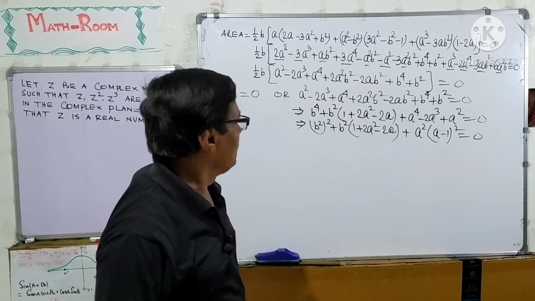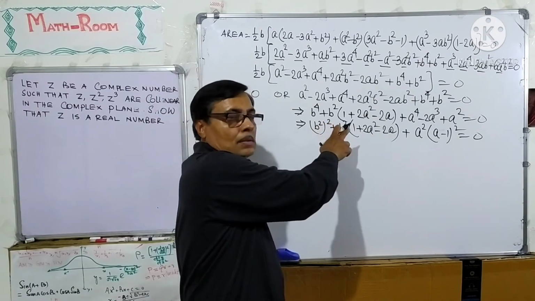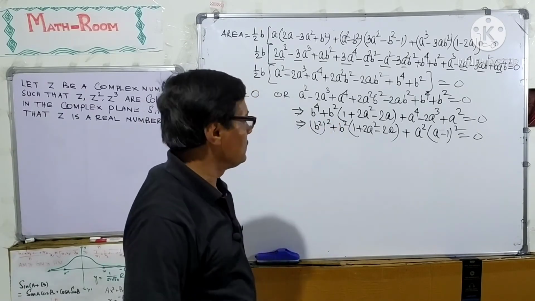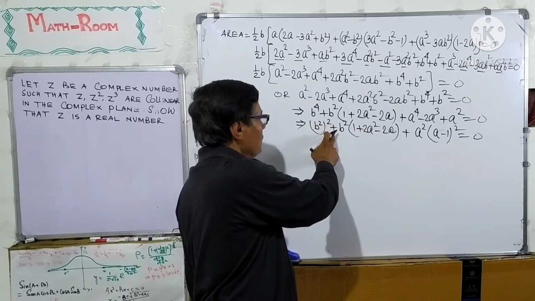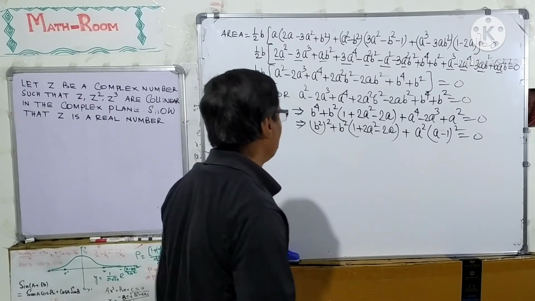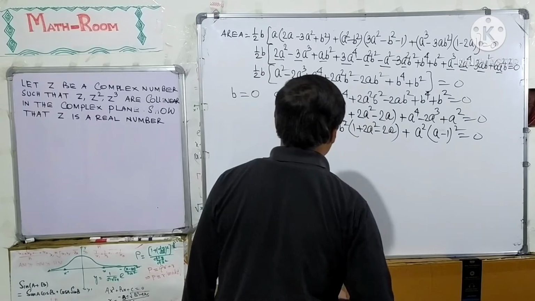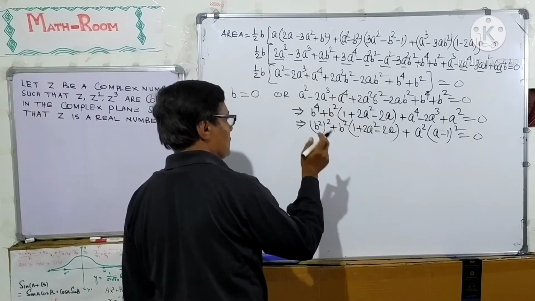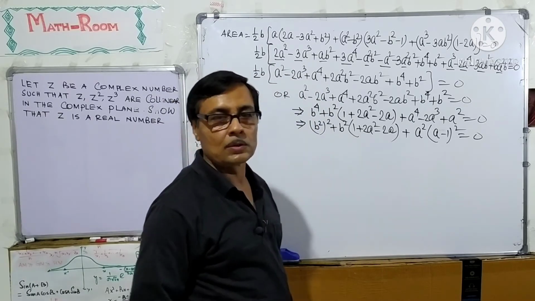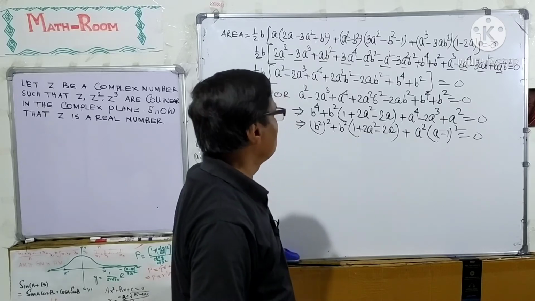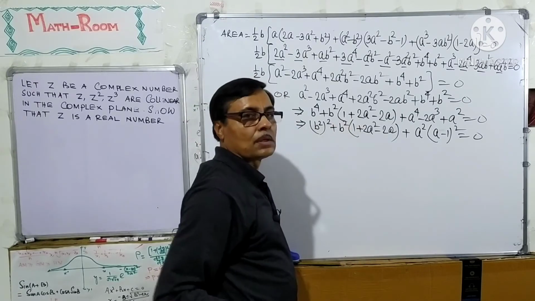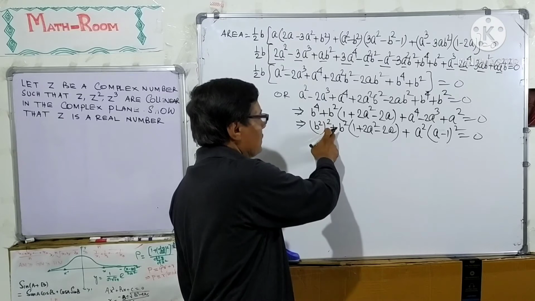We can consider it as a quadratic equation in b square. So, we have the solution of this equation. We can solve this equation using Shridharacharya's formula. Using Shridharacharya's formula, we get the solution of this quadratic equation in b square.